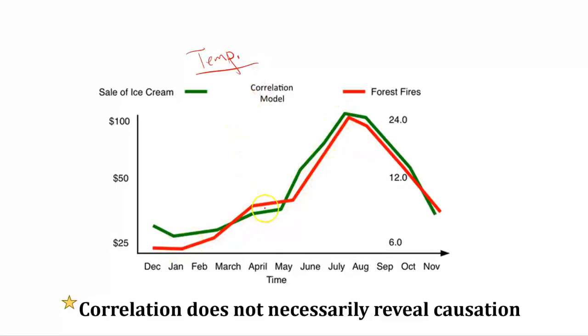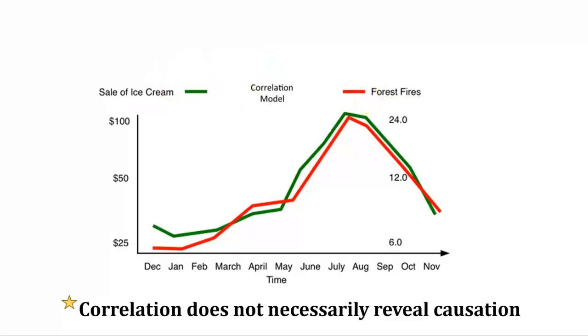Also, forest fires increase as the temperature gets warmer, because the sale of ice cream is probably dependent on the temperature, and forest fires are also dependent on the temperature. And because these are different variables, this is the sale of ice cream and this is forest fires, but because they're both dependent on the same hidden third variable, they appear to have the same correlation with one another.